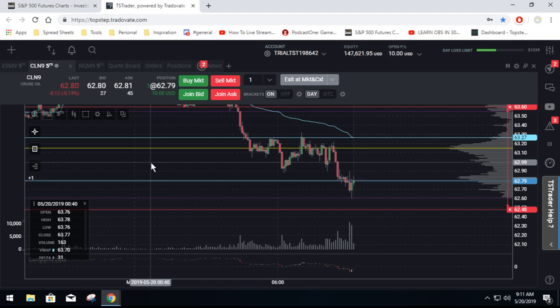Yes, this level will be very important to the oil today, to see more or less if we have a reversion or follow through.